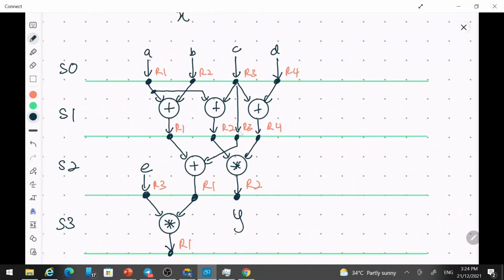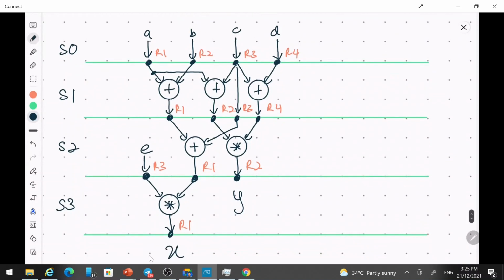So R3 still remains. We have R3 plus R1, and the result is saved in R1. And we put E in R3 because R3 is now available. We don't want to use R3 anymore, so you do this operation, and you get X at the end here.